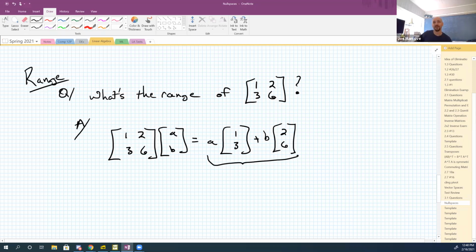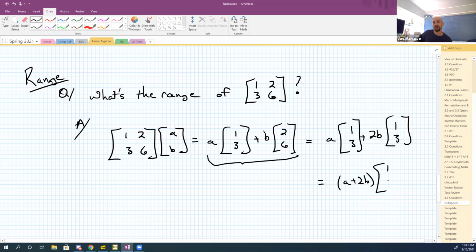So for one thing, you could notice that this vector here is actually a scalar multiple of (1, 3). So we could collapse this a little bit. We could say, all right, so that's A times the vector (1, 3) plus 2B times the vector (1, 3). And that further collapses into the scalar A plus 2B times the vector (1, 3). Okay, good. That's worth noting. We're going to need that in a second.